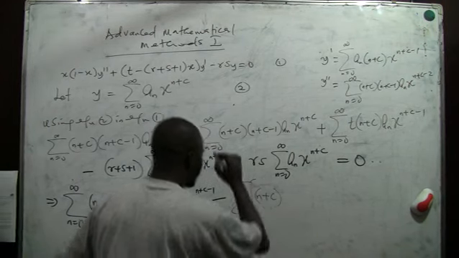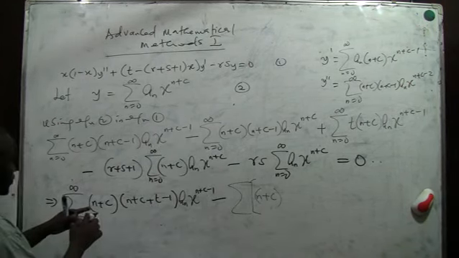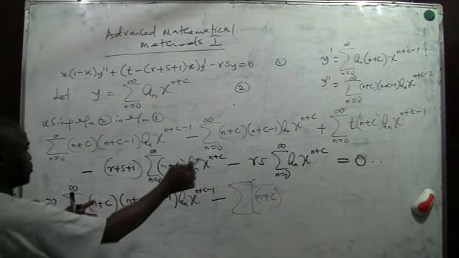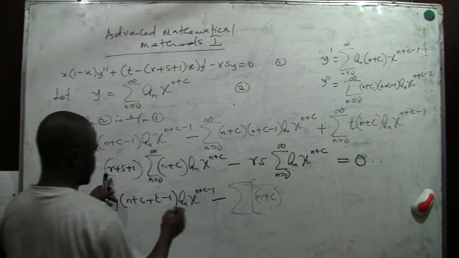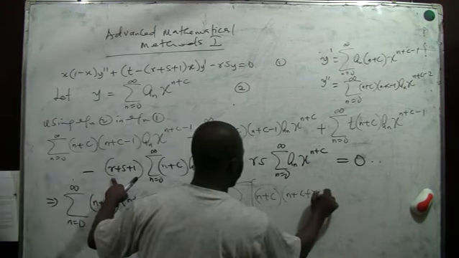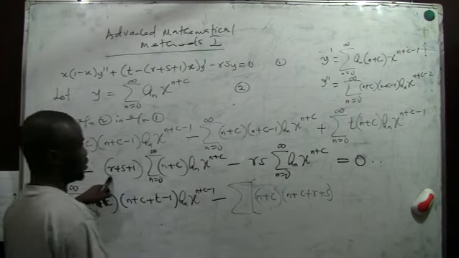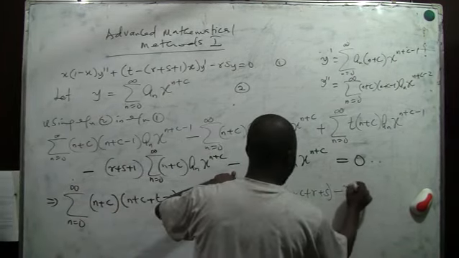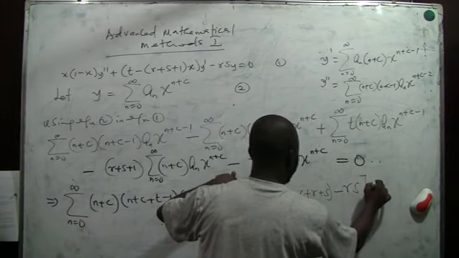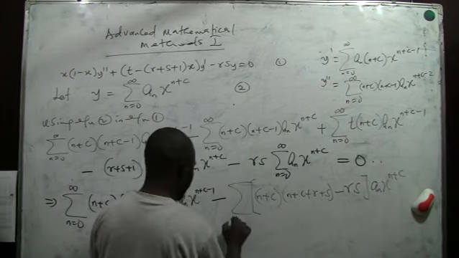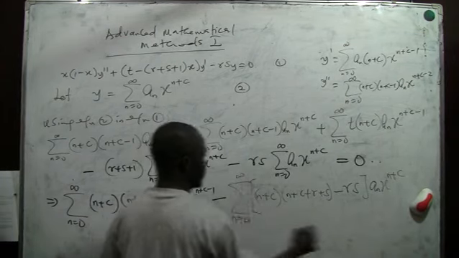Let us open a very big bracket here: n plus c, then this plus this gives n plus c plus r plus s, then minus rs, a_n x raised to the power n plus c, n from 0 to infinity.